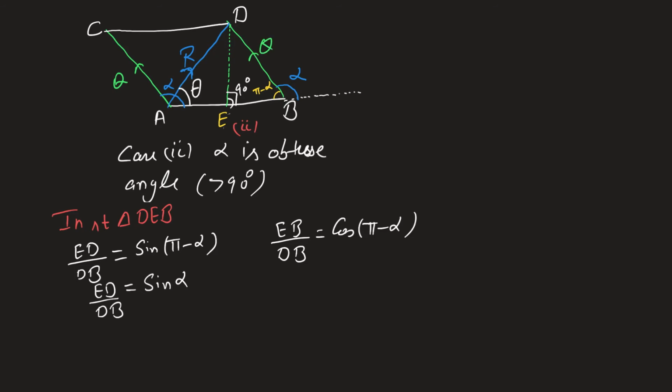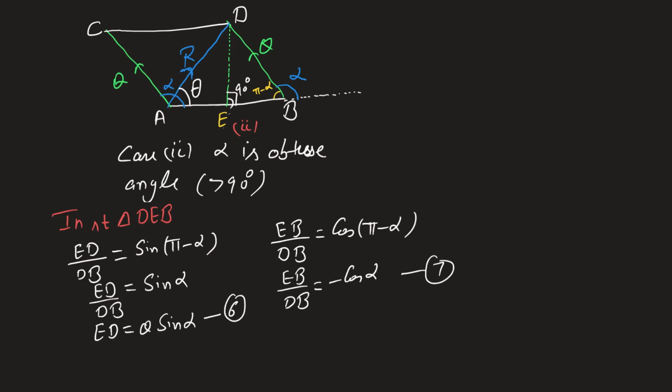So if I write it over here, this ED is equal to Q sin alpha, and this EB upon DB is equal to minus cos alpha. So you may write these equations as, up to 5 we have done, so this will be 6 and this will be 7.